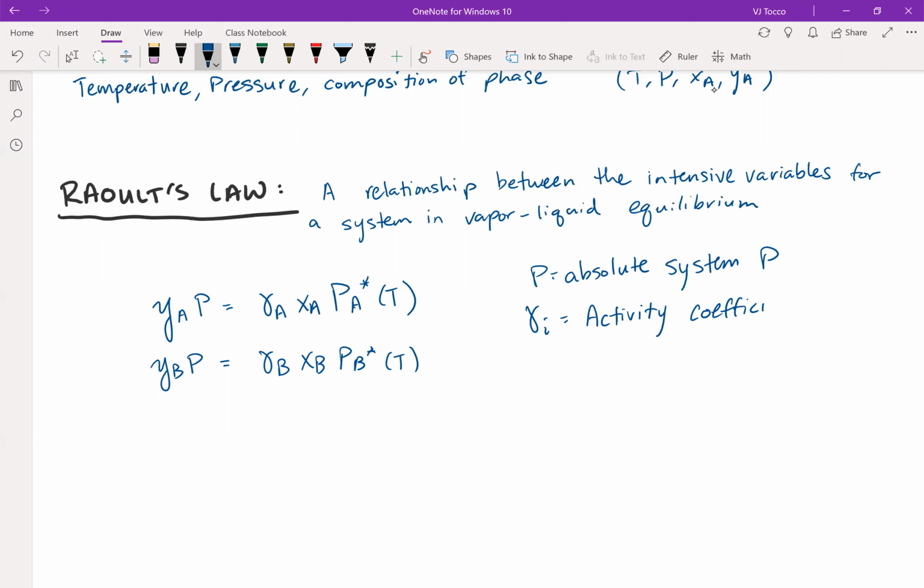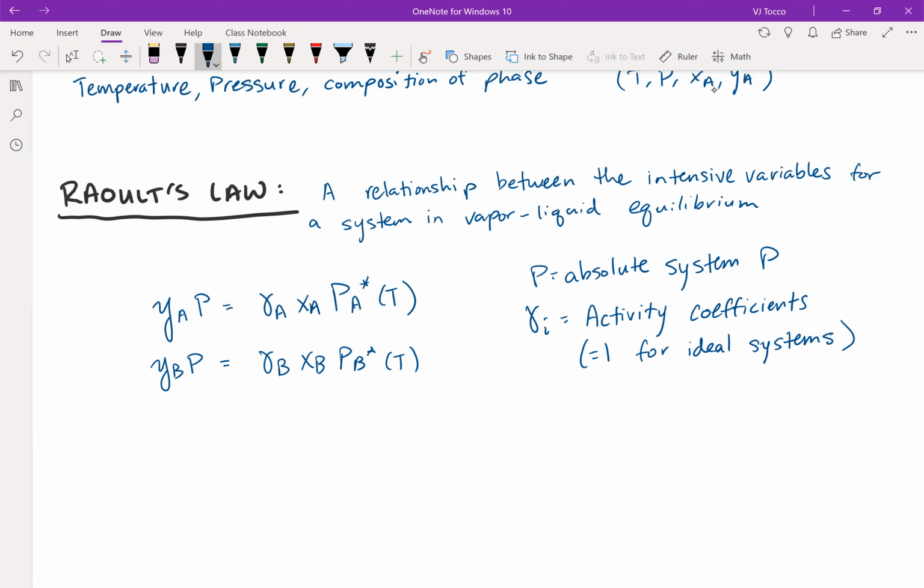The activity coefficients are equal to 1 if the system is assumed to be ideal. So if the molecules are similar in structure, you can oftentimes assume that these gammas are 1 and they cancel for ideal systems. And if these are not 1, then you have to describe them by some type of model. So in this class, I'll give you the model if you ever need one for the activity coefficient.